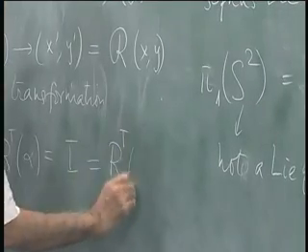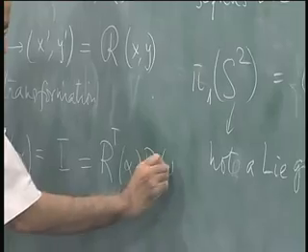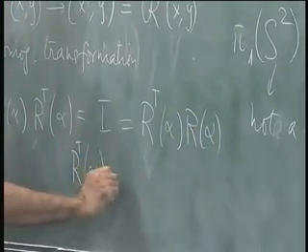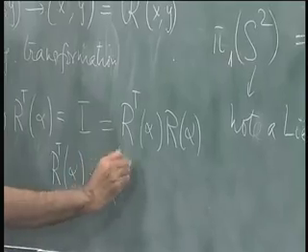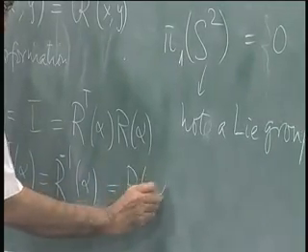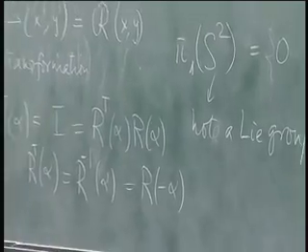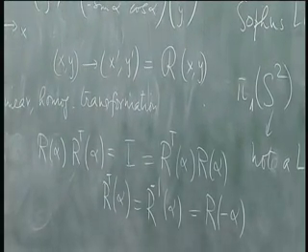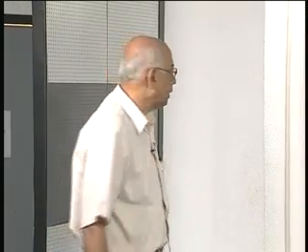This is also, by the way, equal to R transpose alpha, R of alpha, and that says R transpose of alpha equal to R inverse of alpha, and it is a trivial matter to verify that this is R of minus alpha. After all, an inverse rotation means you go in the opposite direction, you change alpha to minus alpha, sin alpha changes sign and cos alpha remains unchanged.